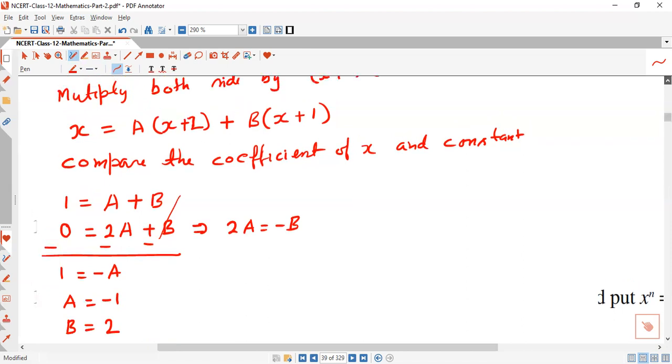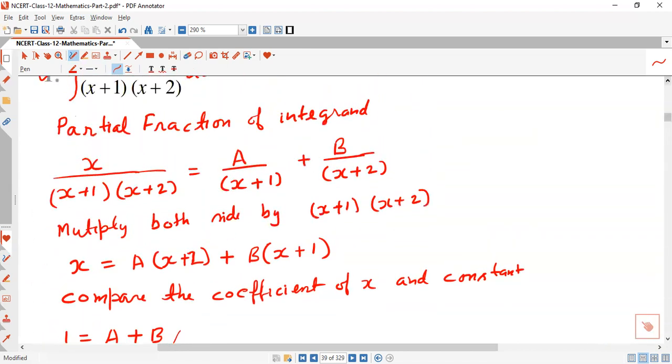So x upon x plus 1 times x plus 2 equals minus 1 upon x plus 1 plus 2 upon x plus 2. The integrand becomes two parts.